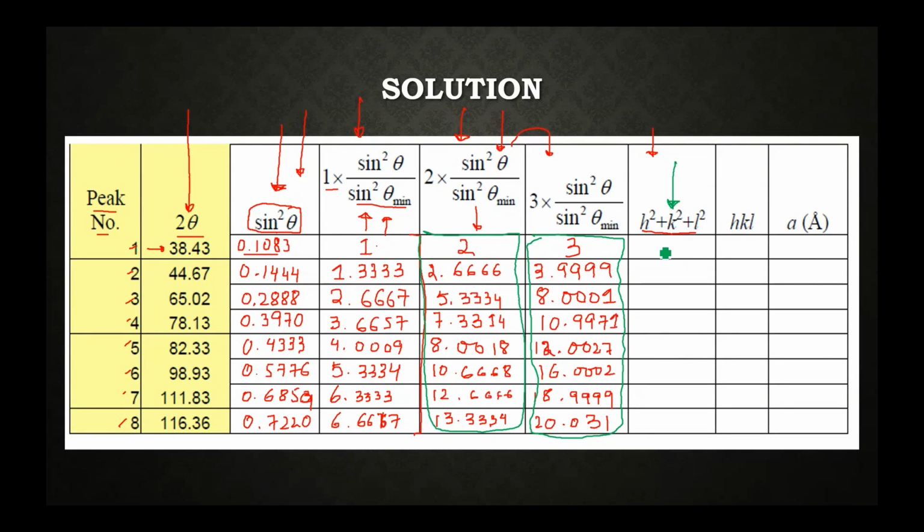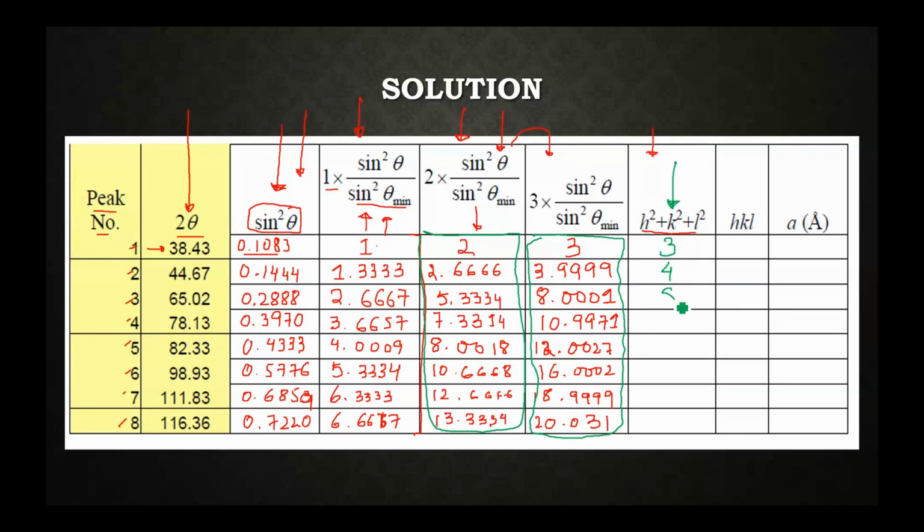All right. So I see that the third column has almost all the values as whole numbers, so I'll round off the values and write them in the h square plus k square plus l square column. The first value would become 3. The second value would become 4.